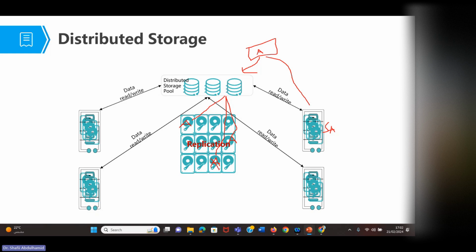In case we have a problem with one of the devices of the distributed storage pool, we can still recover the file that we stored in another device, which is connected through the distributed replication system in the cloud. If this also crashed, somehow we can get it somewhere.